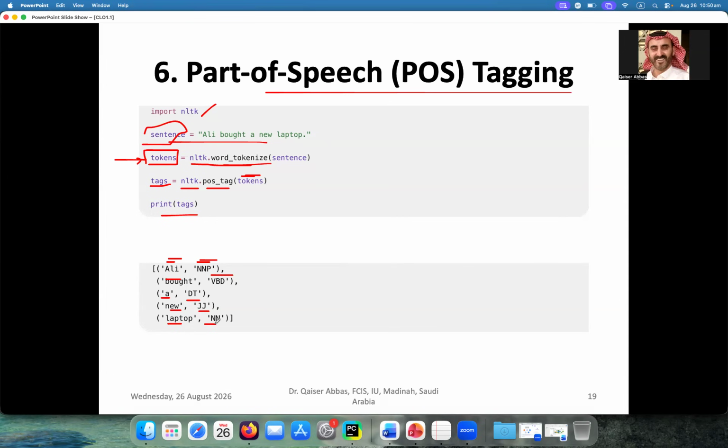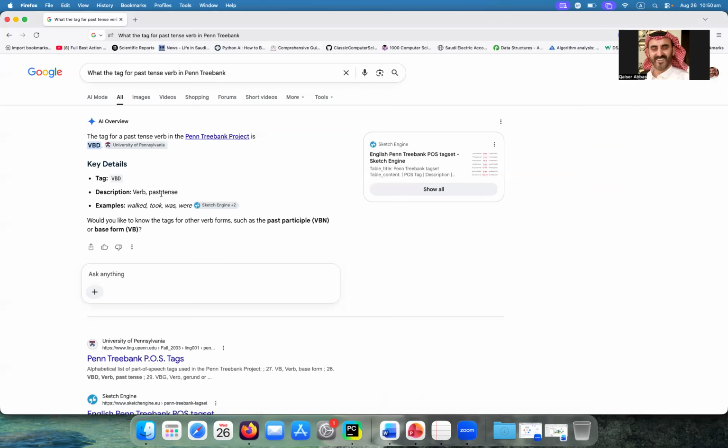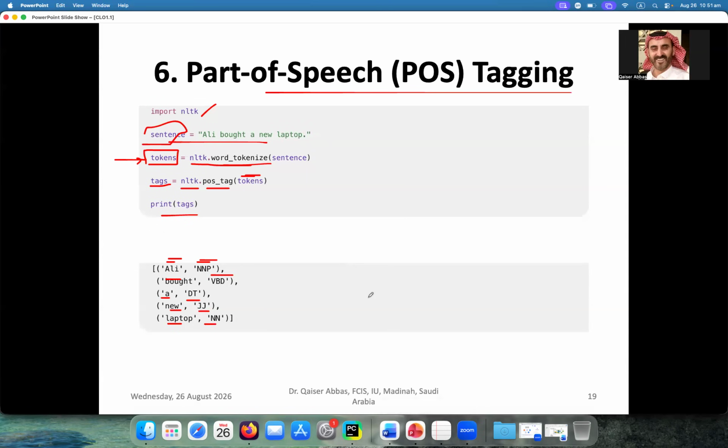Penn Treebank, I think it is the University of Pennsylvania. Yeah, University of Pennsylvania.